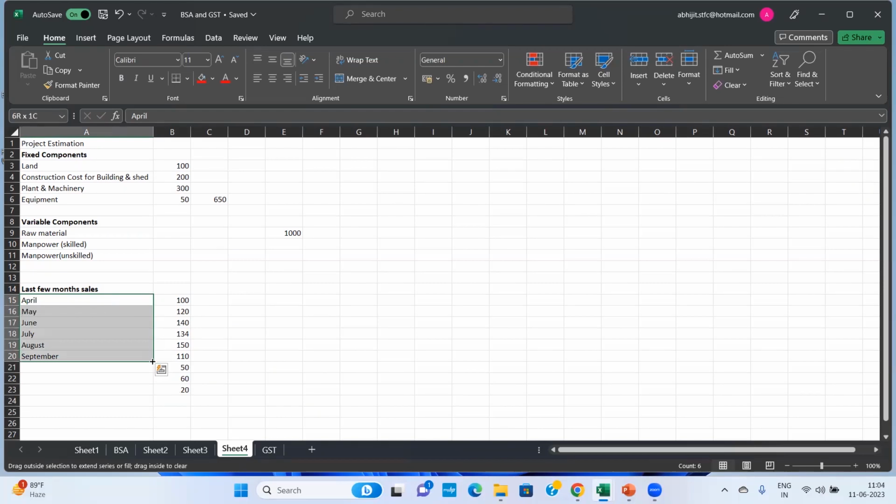Correct, either calendar year or financial year. So you can consider financial year also.